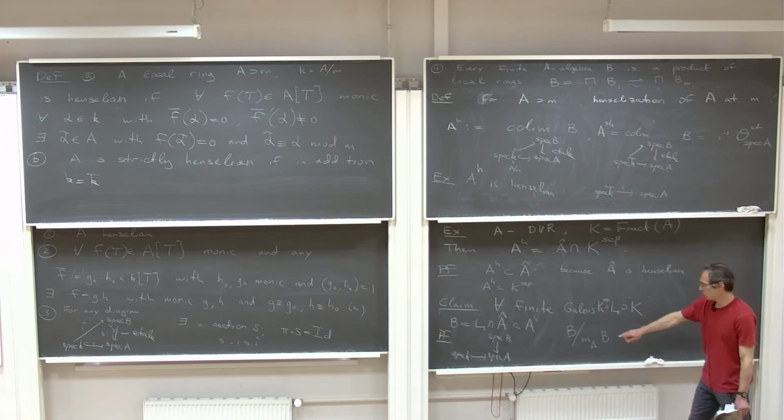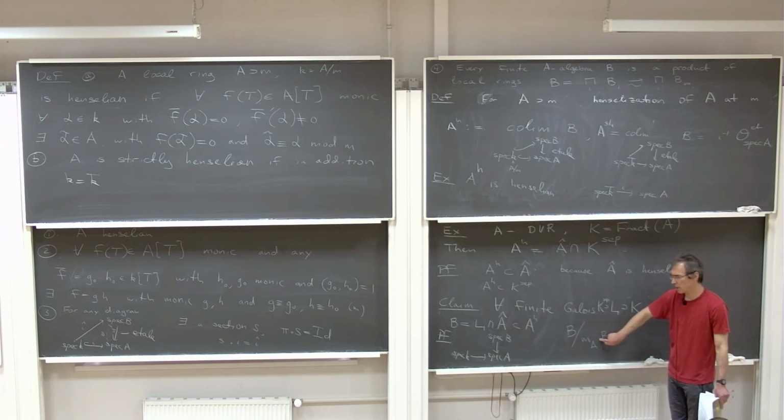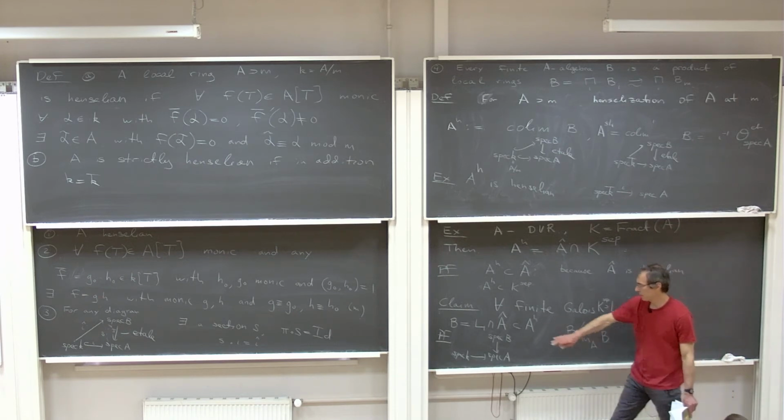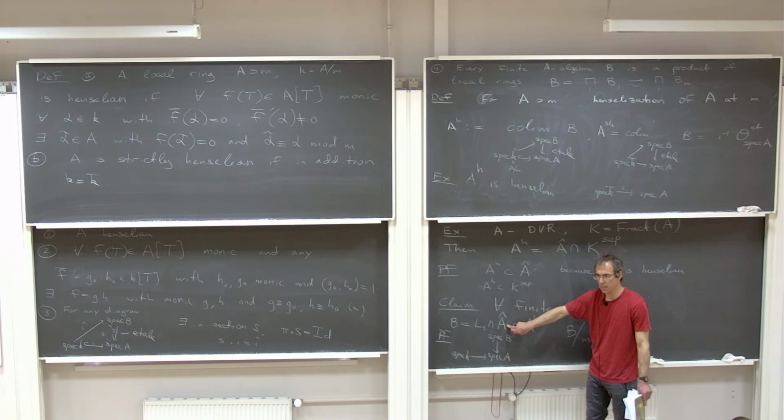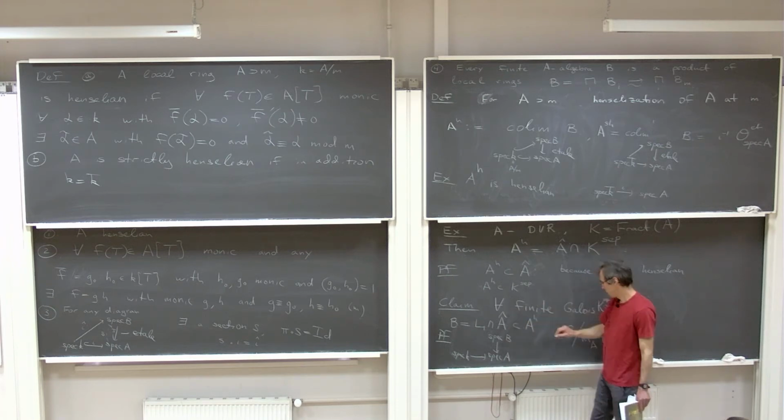My maximal ideal is a principal ideal generated by some uniformizer pi. So what happens if I take the quotient by the uniformizer pi? Well, pi is invertible here in L. So that's the same as the quotient of A hat modulo pi.